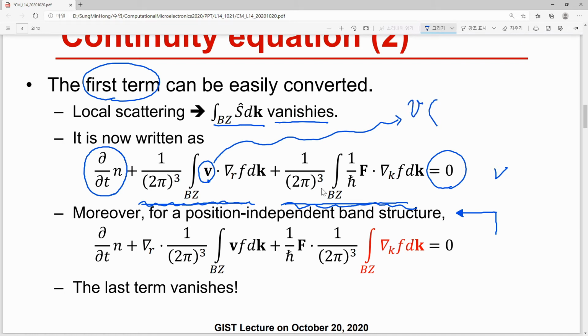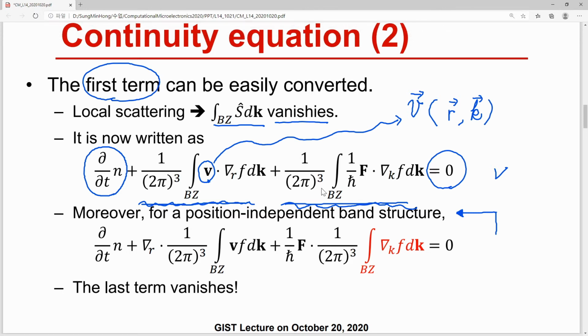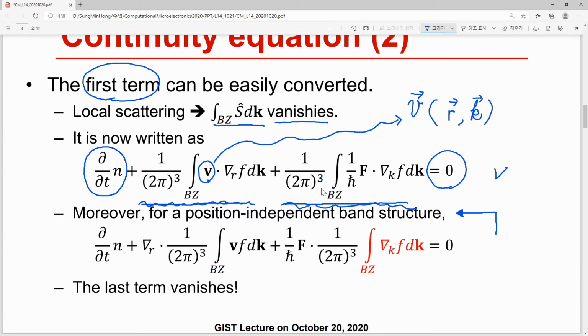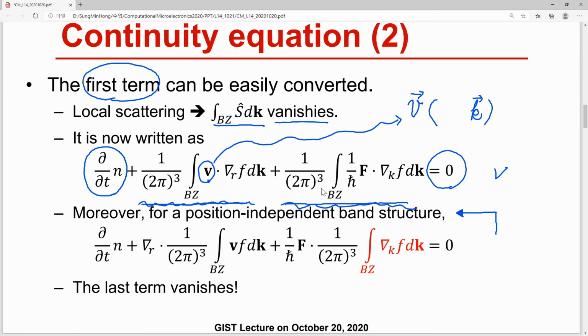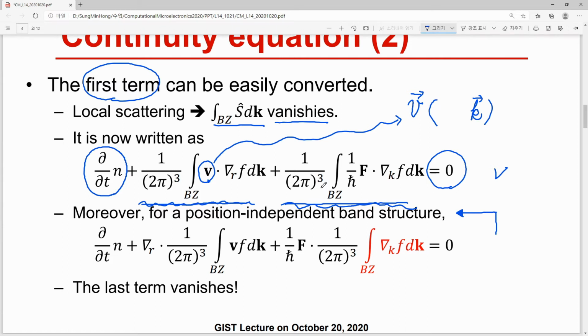In general, the velocity can be a function of real space and momentum space at the same time. However, we will consider a position independent band structure. So now the velocity is just a function of momentum. It is no longer related to position. If the momentum is given, then we have a given velocity.